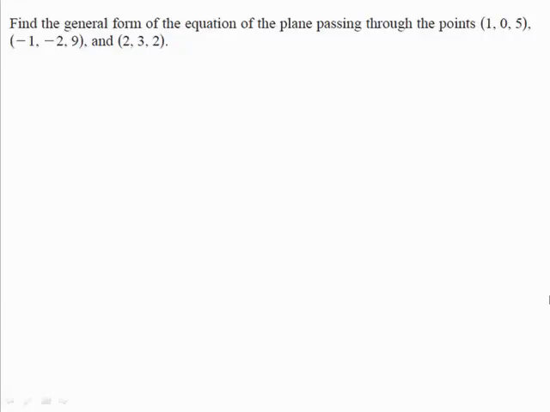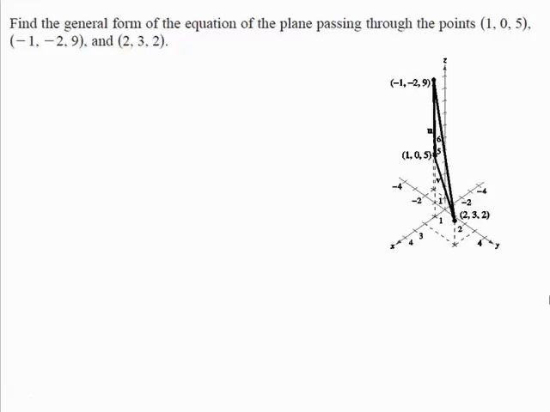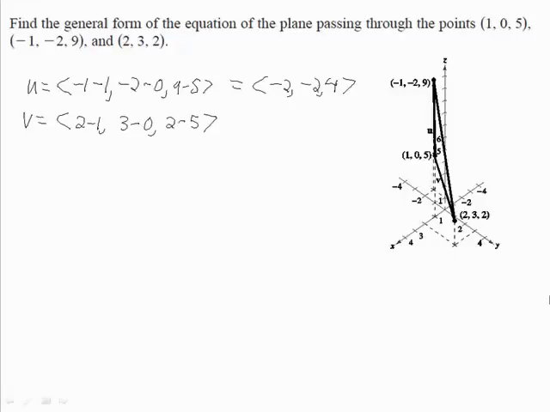respectively, as shown. The component forms of u and v are as follows. u is equal to the vector negative 1 minus 1, negative 2 minus 0, and 9 minus 5, which equals the vector negative 2, negative 2, 4. And v is equal to the vector 2 minus 1, 3 minus 0, and 2 minus 5, which equals the vector 1, 3, negative 3.